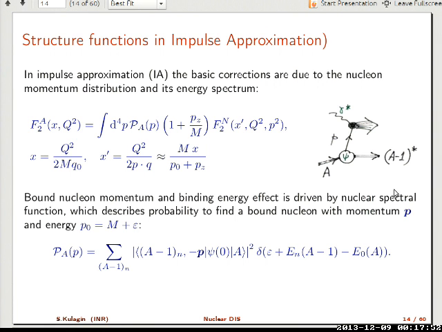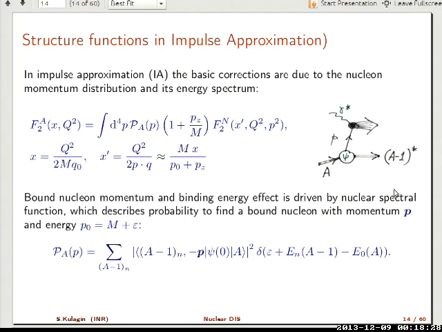Then we get expressions where the nuclear structure function is given in terms of a convolution of the spectral function and the nucleon structure function, with some additional off-shell dependence, which we have to think about how to calculate.